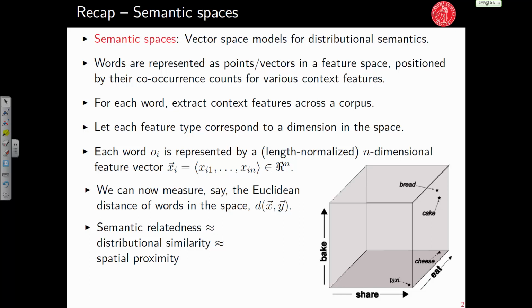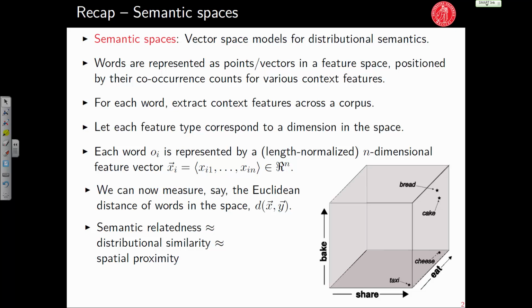And vector space models are these algebraic models that are used in general to represent data. And distributional semantics is based on the distributional hypothesis, which is if words share the same context, these words are expected to have similar meanings.